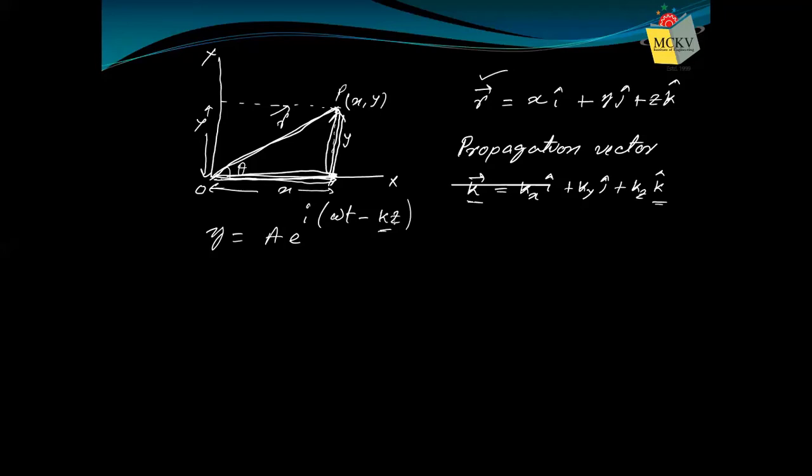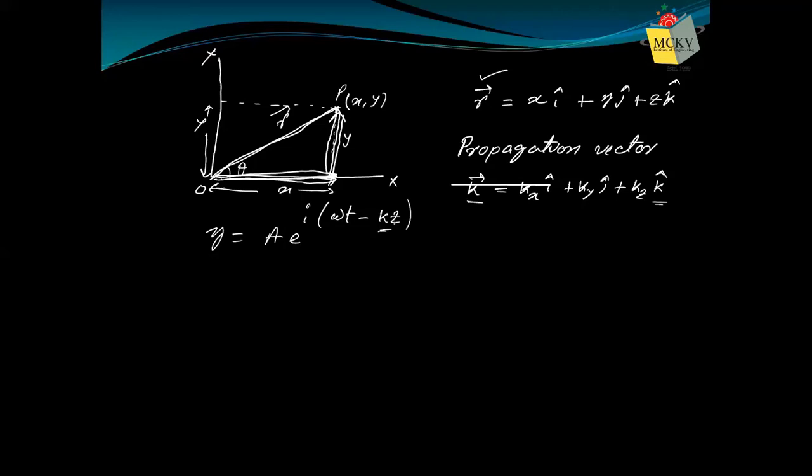This k and this k are two completely different quantities. Whenever there is a hat symbol, it means a unit vector along the z direction. And this k with a vector symbol is the propagation vector, which has three components, kx, ky, and kz. So we can write k as kx i cap, ky j cap, kz k cap.